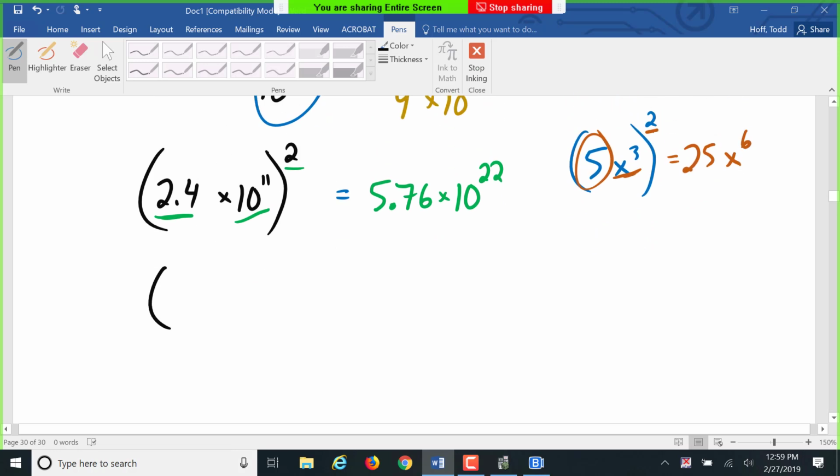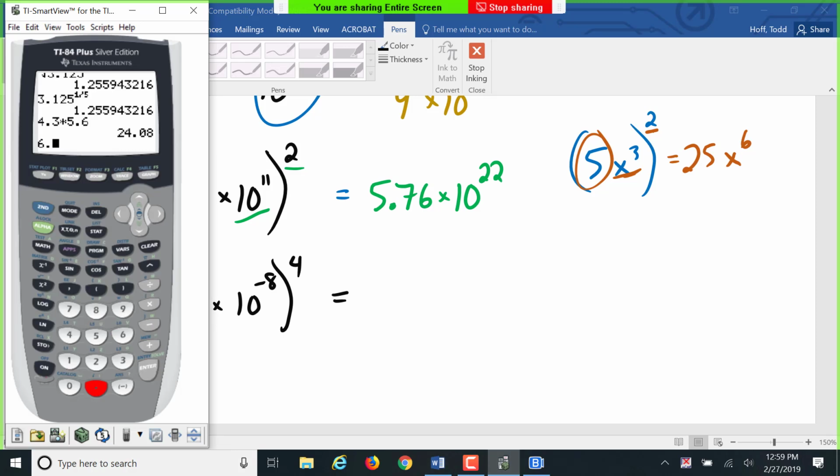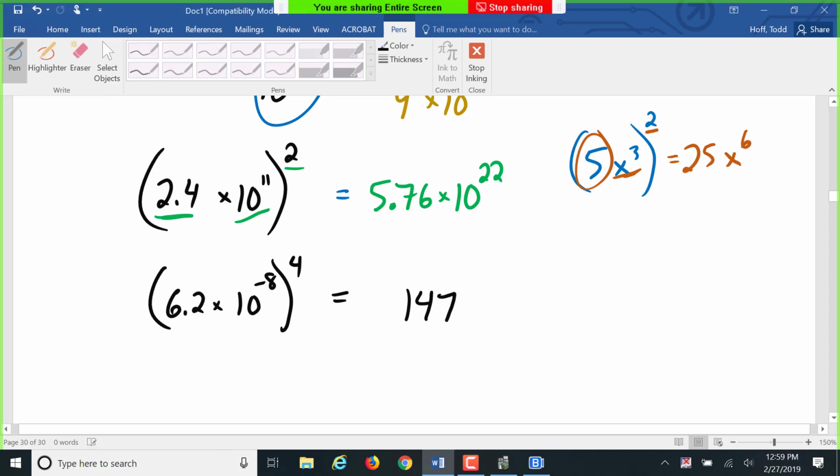We might have 6.2 times 10 to the negative 8th to the power of 4. So we have to do 6.2 to the power of 4. 1477.63, and we're going to round it at that point.